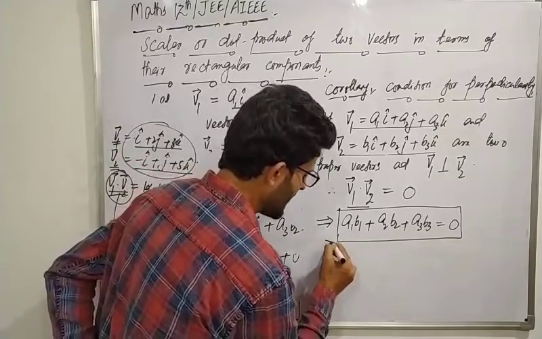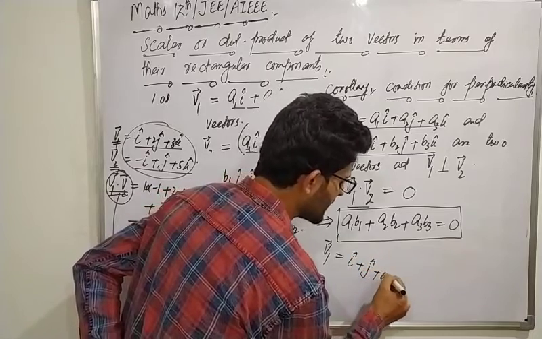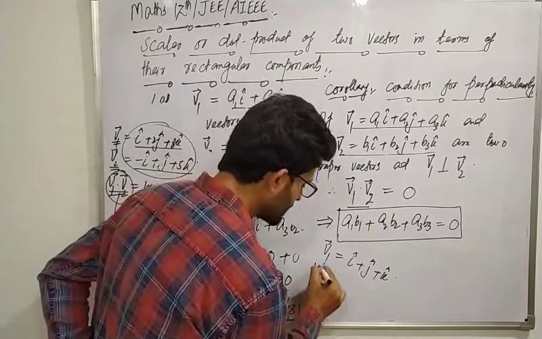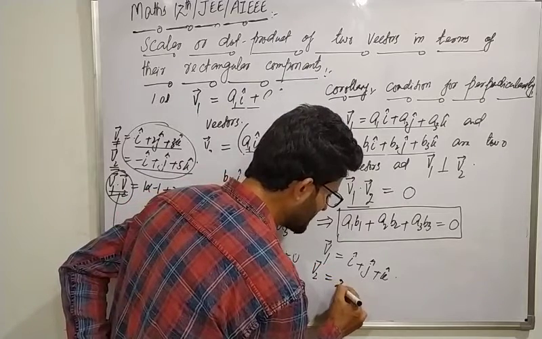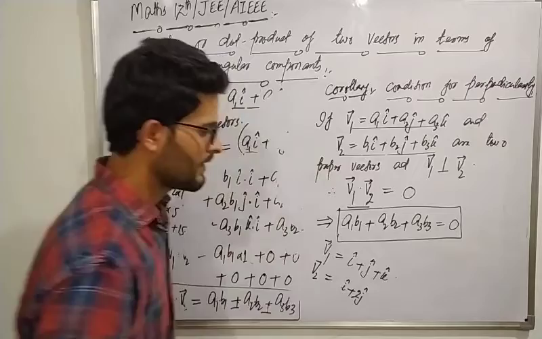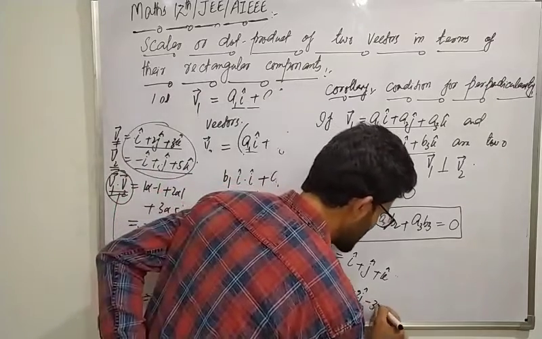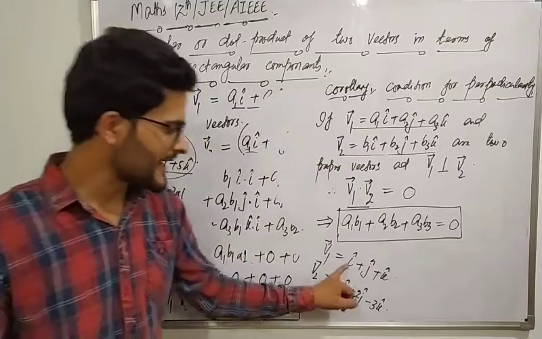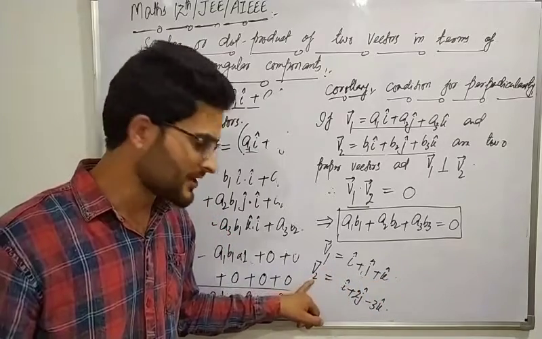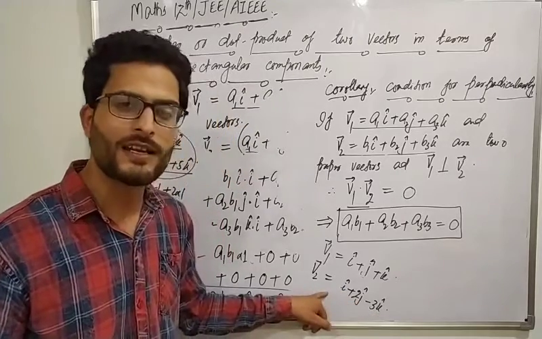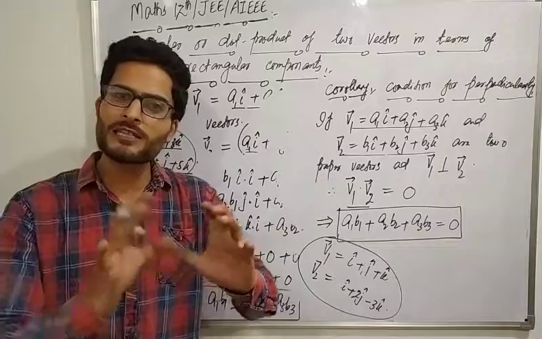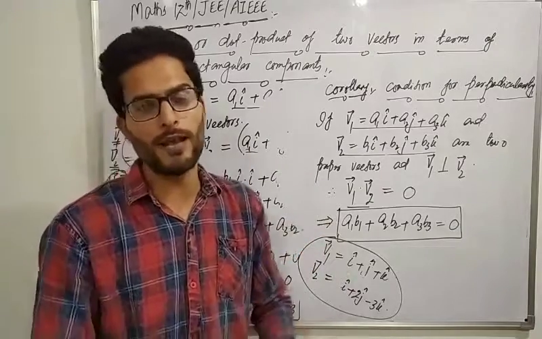Means अगर आपके पास जिगरा वेक्टर v1 है, suppose that's equal to i plus j plus k, expressed in terms of their rectangular components, and suppose you have vector v2 and that's equal to i plus 2j minus 3k. सपोज जिगरा ये आपके पास दो वेक्टर्स हैं, i plus j plus k एक वेक्टर है एक्सप्रेस्ड इन टर्म्स ऑफ देयर कंपोनेंट्स, और दूसरा है वेक्टर v2, i plus 2j minus 3k, expressed again in terms of their rectangular components. और आपको चेक करने हैं क्या ये दो वेक्टर्स आपस में परपेंडिकुलर है. तो आप उस समय इनके बीच में एंगल नहीं निकालोगे, फिर ये नहीं बताओगे कि ये एंगल 90 के बराबर है तो मींस वेक्टर्स आर परपेंडिकुलर.